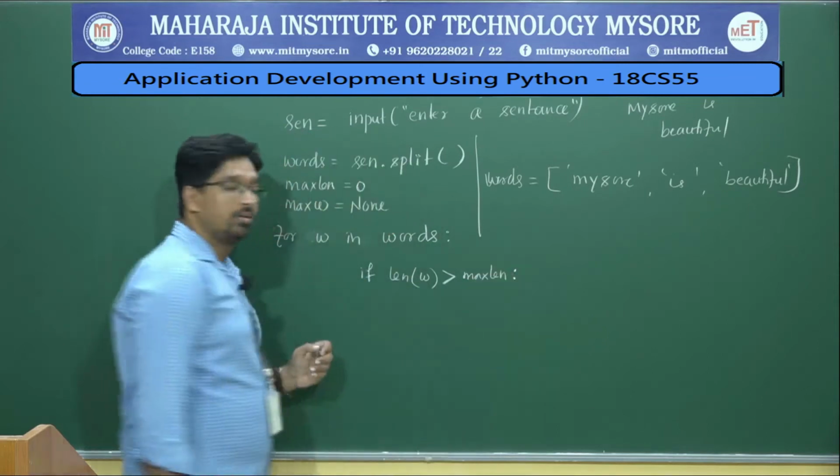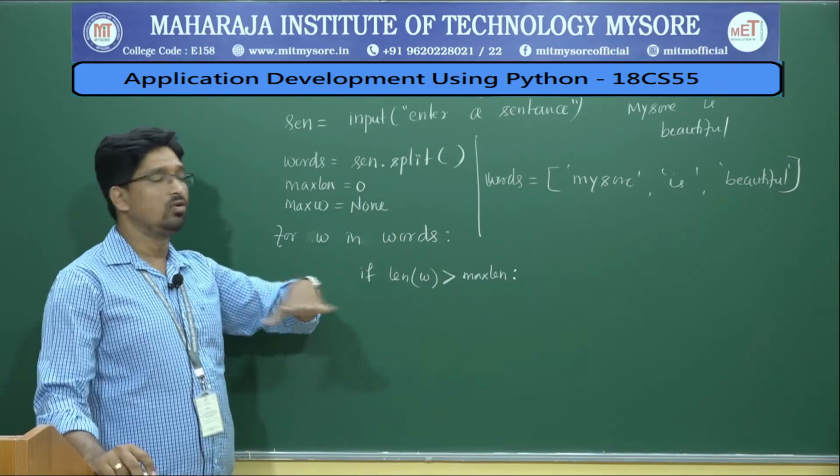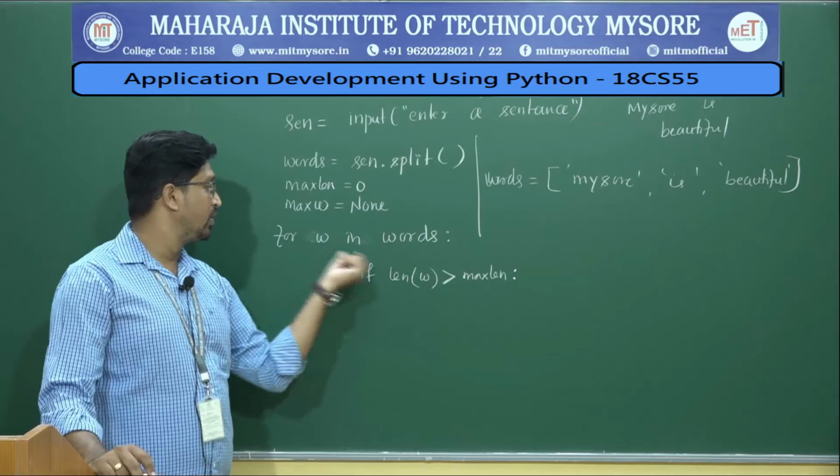Initially, what is the maximum length? Maximum length is 0, which means we don't have any words initially. So that is 0. Length of w.